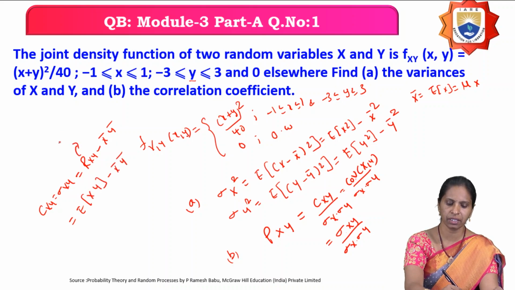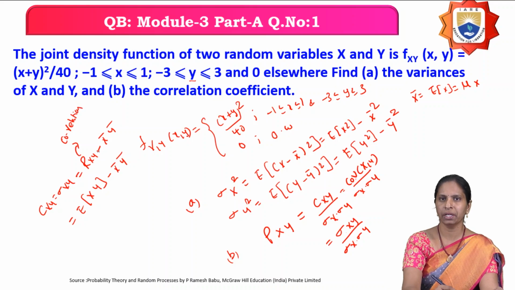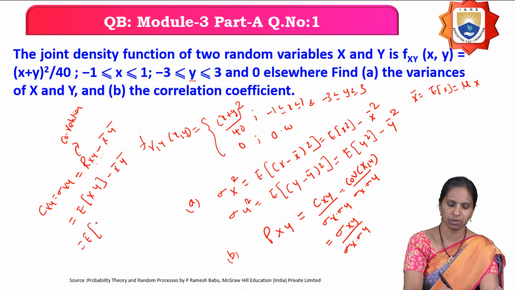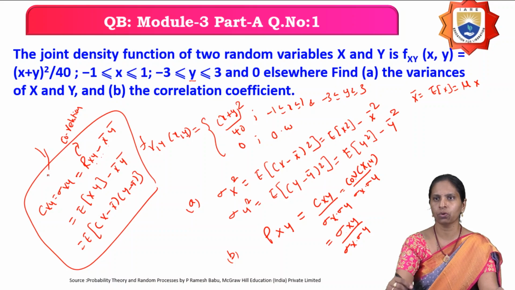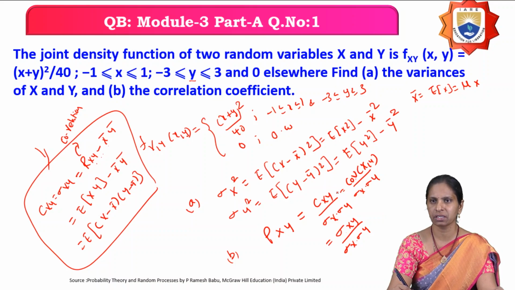What is Rxy here? Rxy is nothing but the correlation, that is, expectation of xy. This represents the correlation between the random variables x and y. So, minus x bar into y bar. We can write this as expectation of (x minus x bar) into (y minus y bar), which is nothing but the definition of the covariance of two random variables x and y.